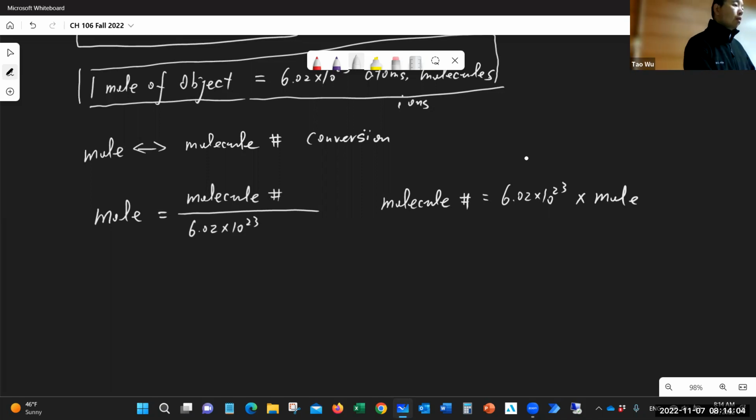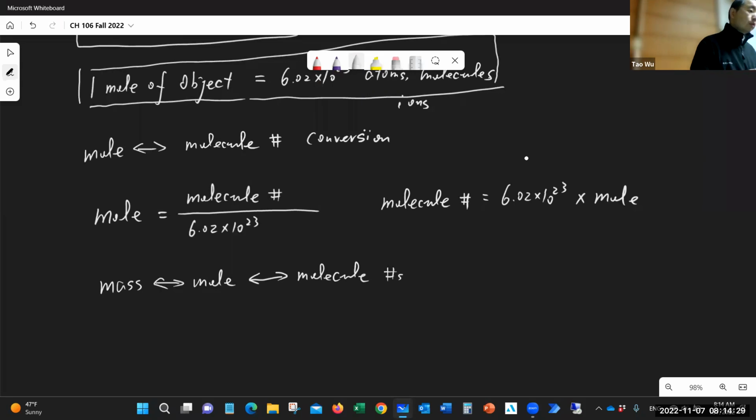So that is why we have the conversion between mass, mole, and also molecule numbers. Those three can convert to each other, but the intermediate part is the mole.